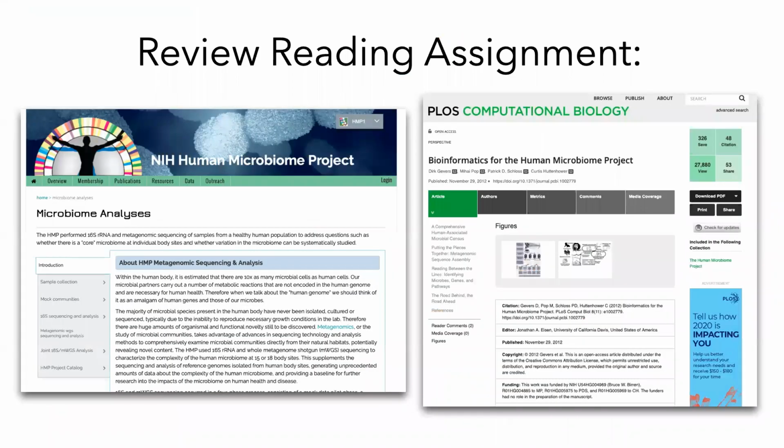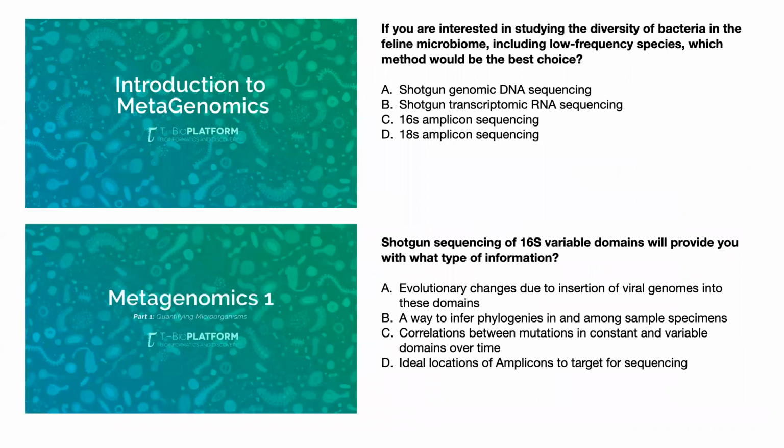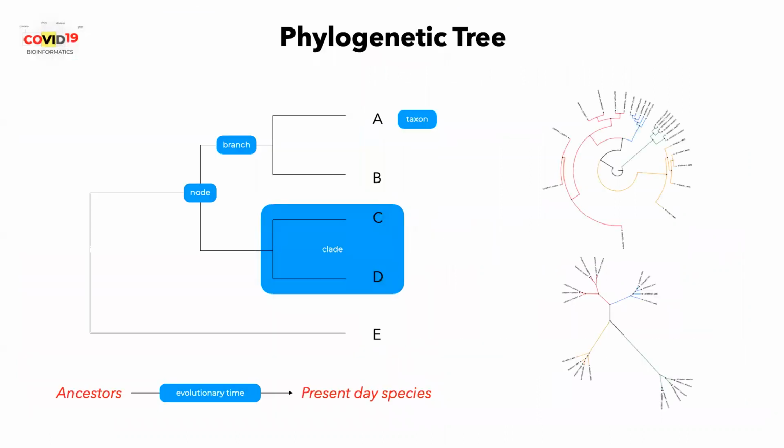Now, we started talking about this human microbiome project. We reviewed it already, so I'm not going to go through that again. And we all understand that the idea of this relationship that we are looking inside the microbiome has to do with the relationship between genomic sequences of a particular gene.